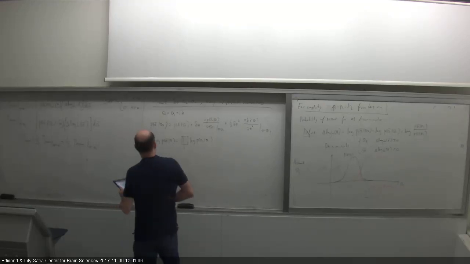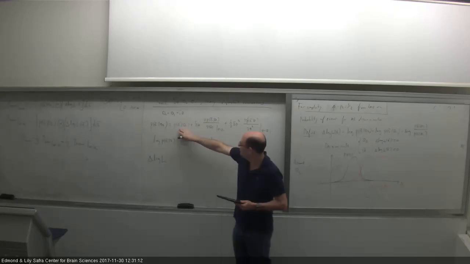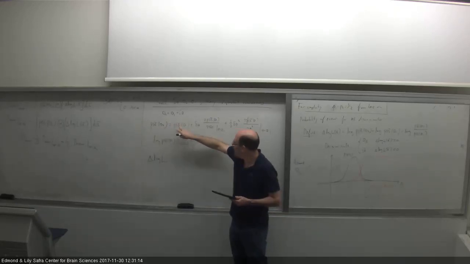So delta log L is the difference between log P of R given theta 2 and log P of R given theta 1. But this is just the difference between this and this.